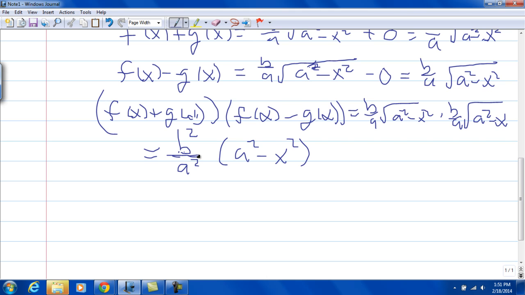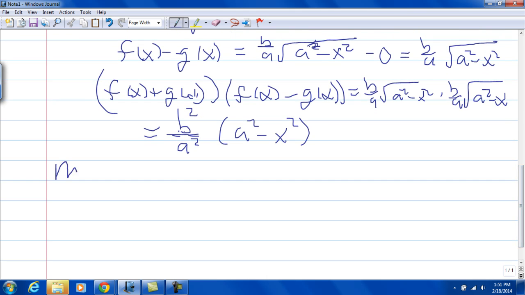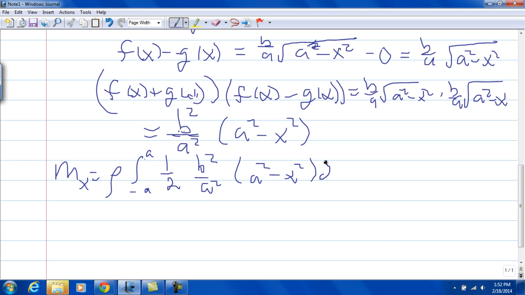And that brings us then back to our integral, where our Mx is going to be rho times the integral from negative a to a of f of x plus g of x over 2 times f of x minus g of x. So I'm going to have that 1/2 on here times our b squared over a squared times a squared minus x squared dx. I can pull that 1/2 out. That's going to be rho over 2.